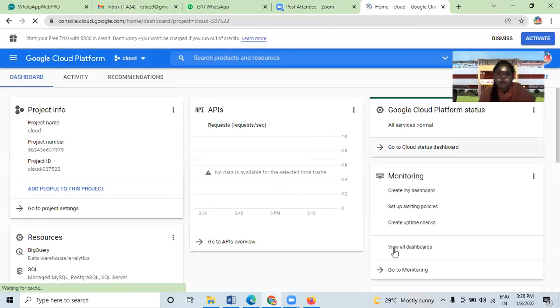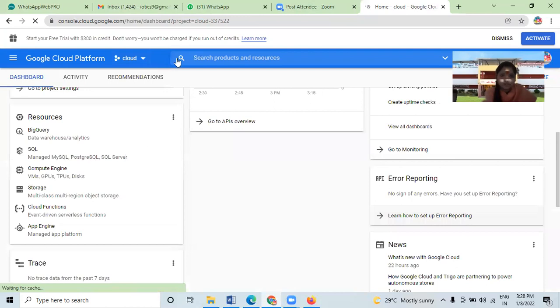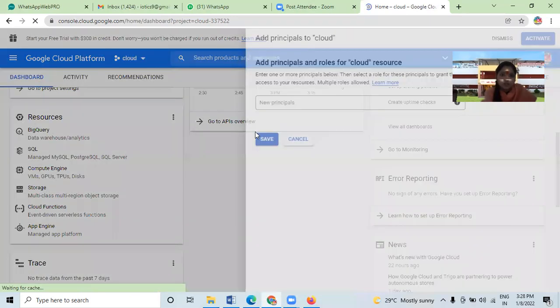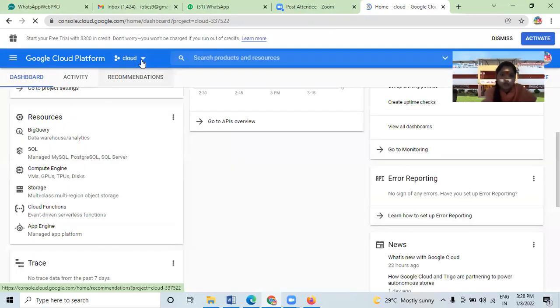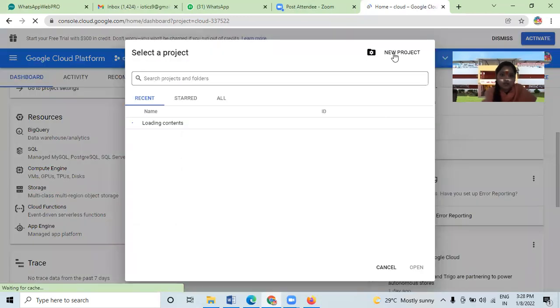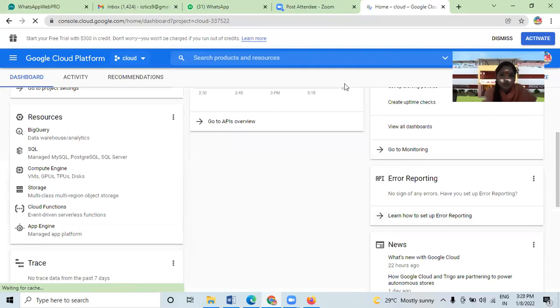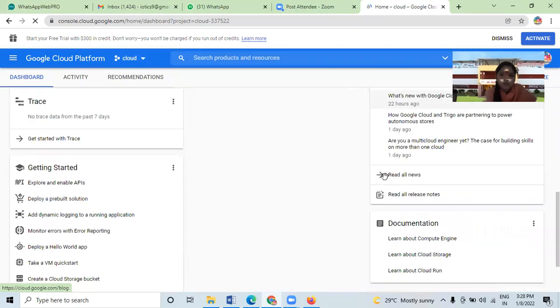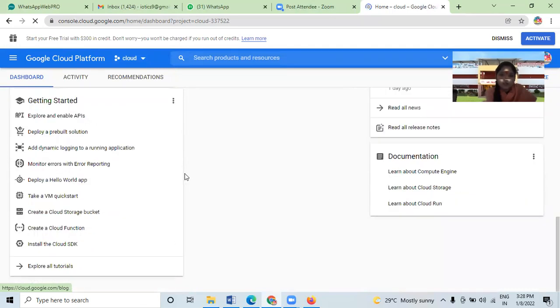Then here, take the cloud and click on new project. After new, it will come. You can give the name, and you have error reporting, then news documentation, learn about the engine document. You can do it.